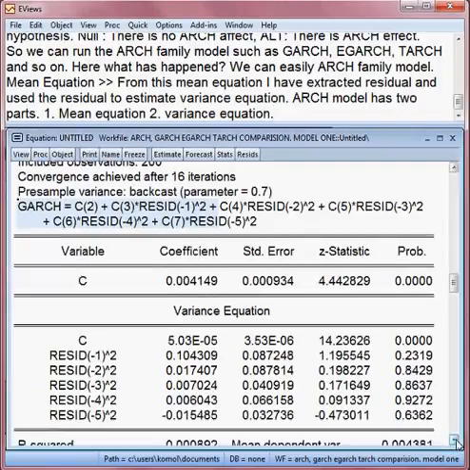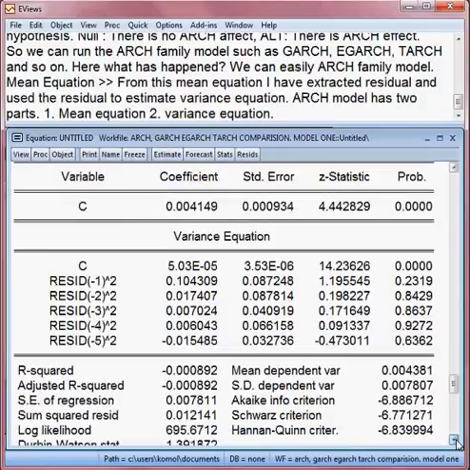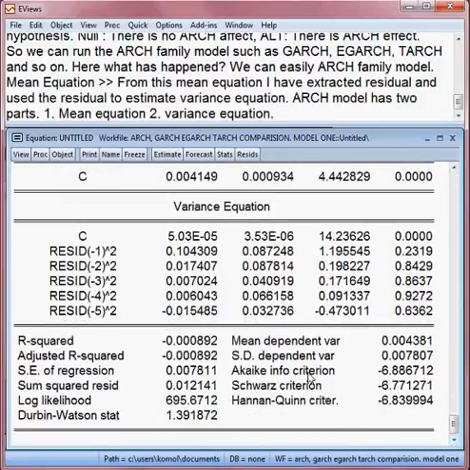And here you can see the value of AIC and SIC. You can see from here the Akaike information criteria and Schwarz criteria, right? There are two things that we call AIC and SIC, the Schwarz information criteria.